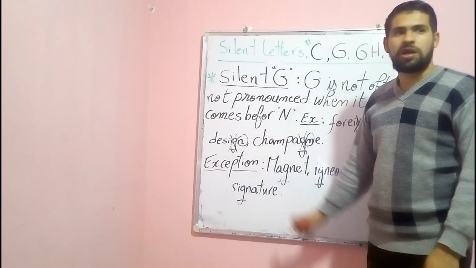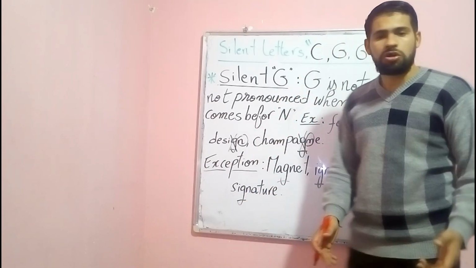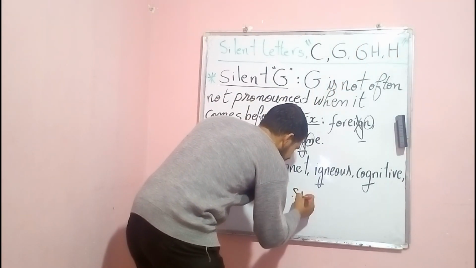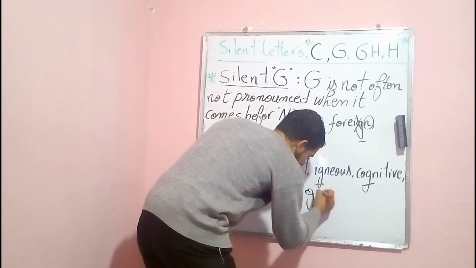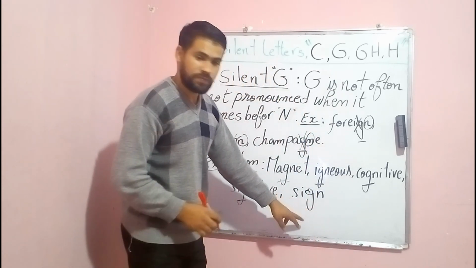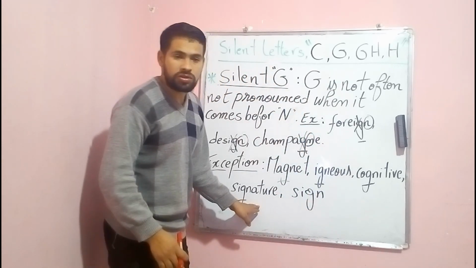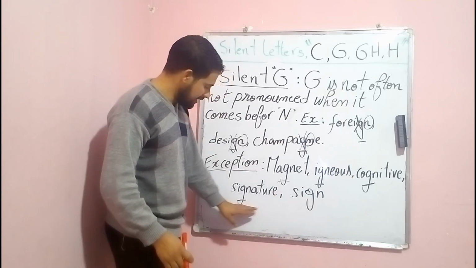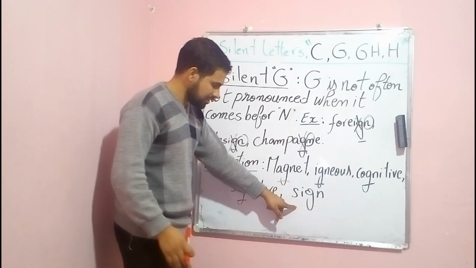In this case, you are going to say to me, sir, but before, in one example, you said sign. You see here, this word is the noun, and here it is the verb.